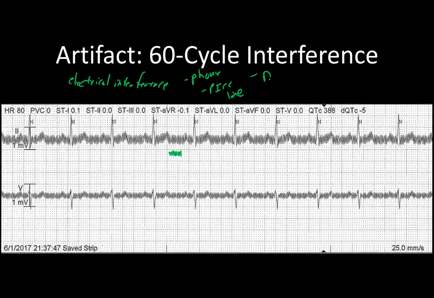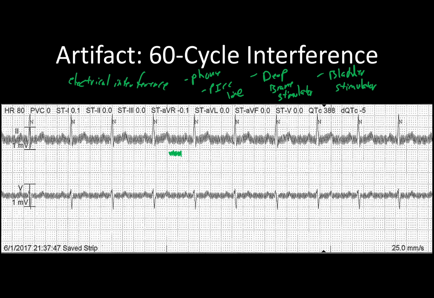If they have a deep brain stimulator or a bladder stimulator, I've seen that before too. All of these items can create this constant electrical interference that the EKG will pick up on.